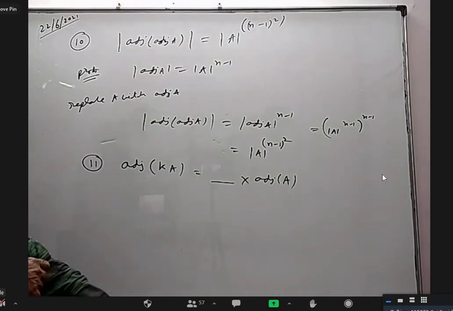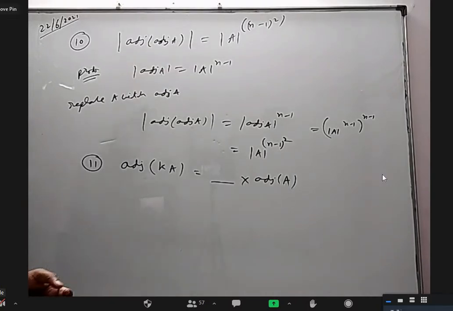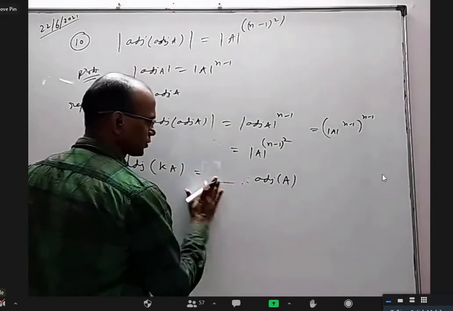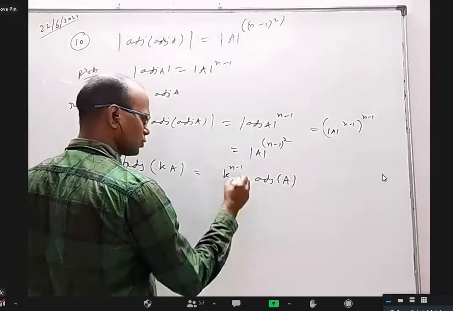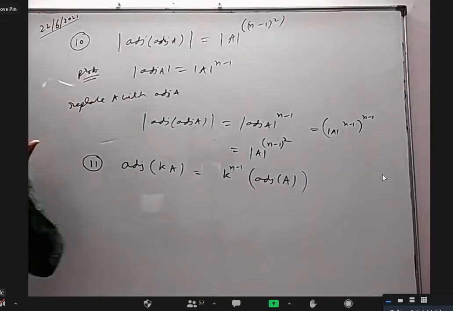Sir, k. That is for 2 by 2. What if it is 3 by 3? K square. And what if it is 4 by 4? K cube. K power n minus 1, sir. Yes, right. K power n minus 1 into adjoint A.